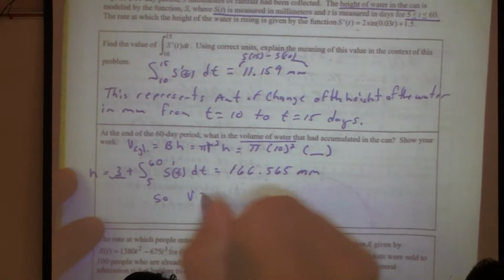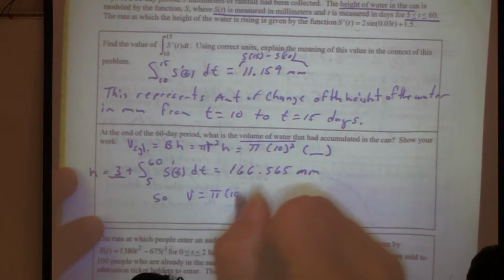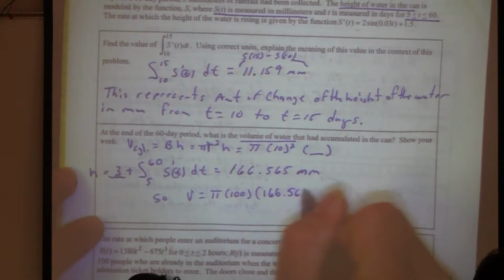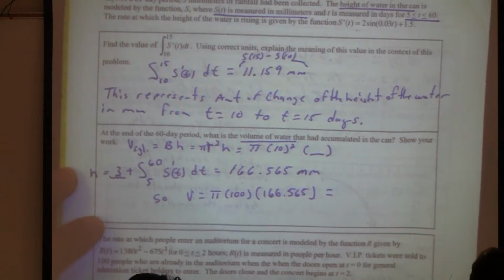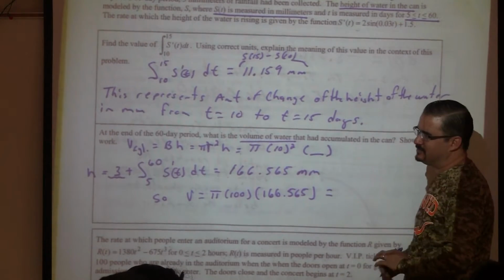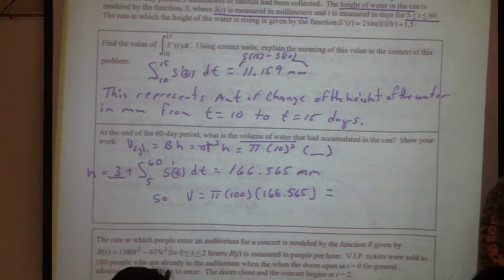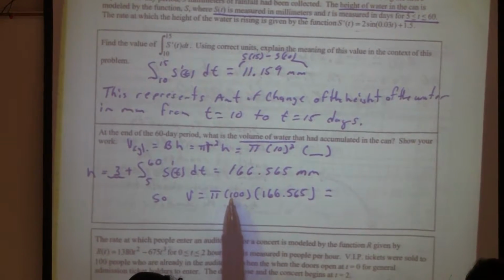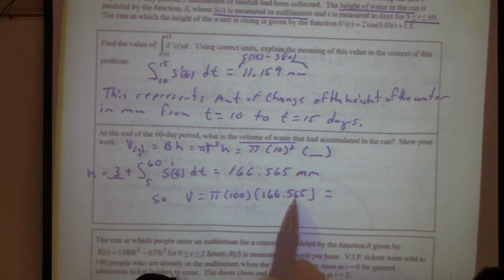So now we know that the volume is going to be pi times 100 times 166.565. And on the AP test, we don't have to go too far and multiply by pi. Actually, we could save some time and just leave the pi next to the number. So if I do this times 100, what do I do to the decimal? Two places to the right, right?